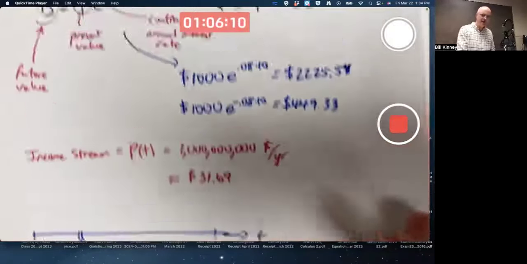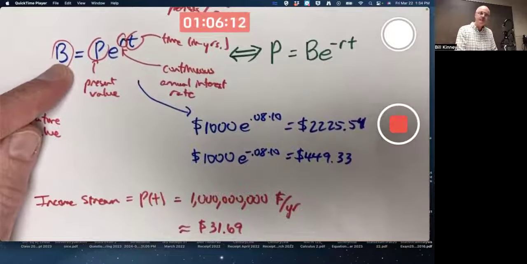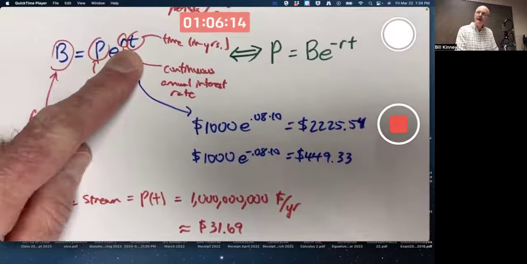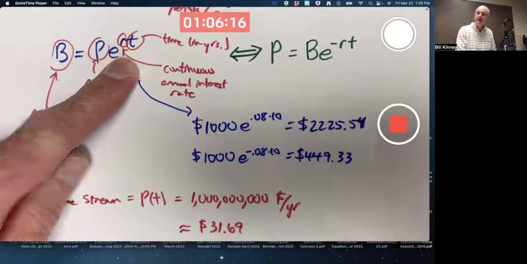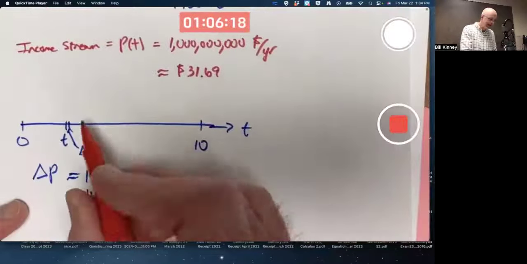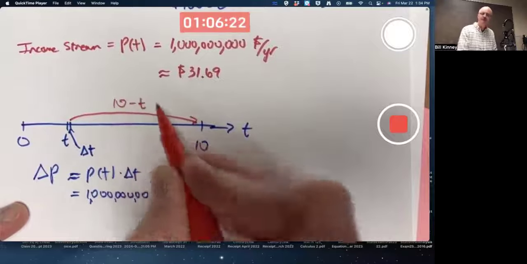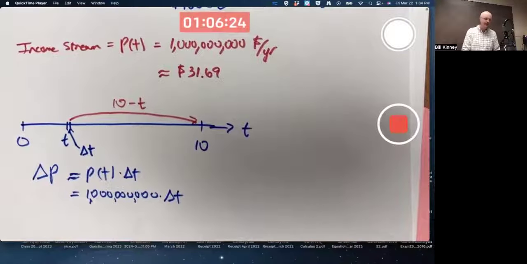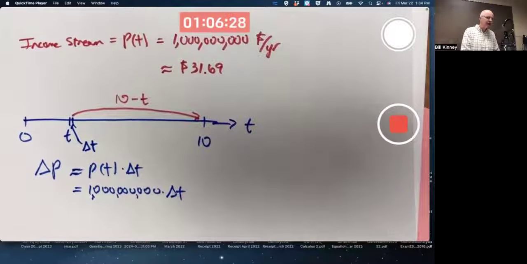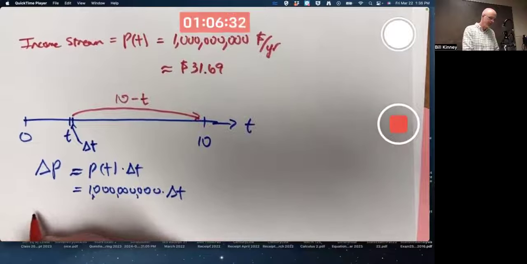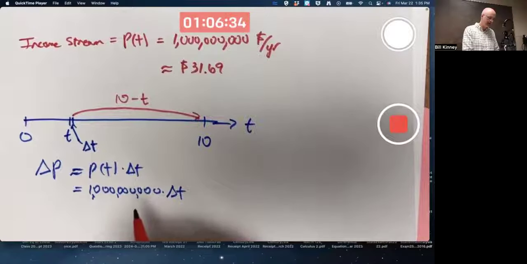You need to use this formula, but not growing by t more years, instead growing by 10 minus t more years. And you do that for every small chunk of money over the small chunks of time, you get the total growth in all the money.